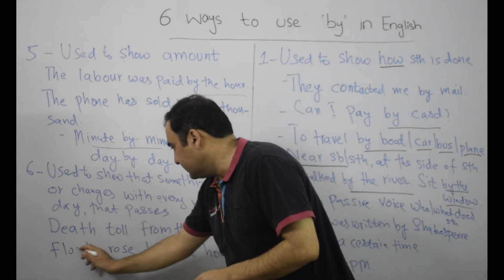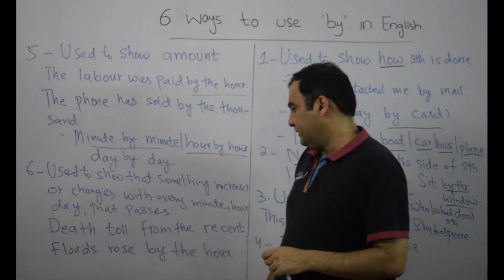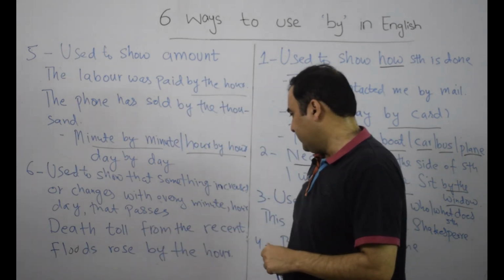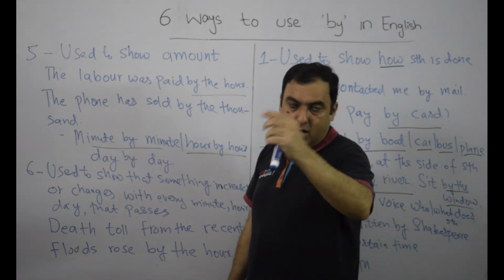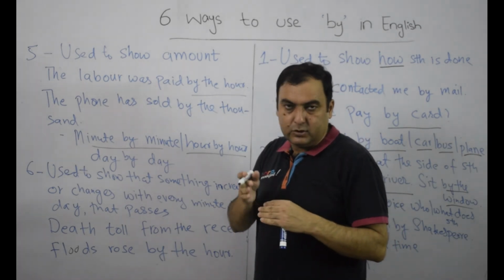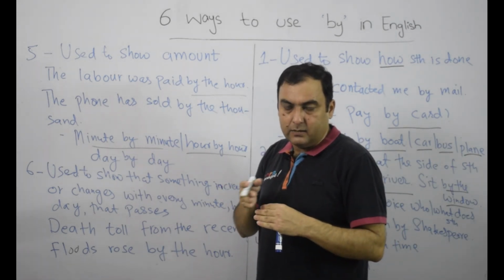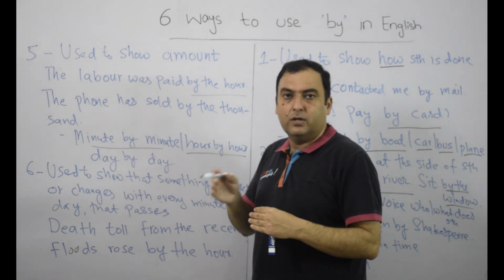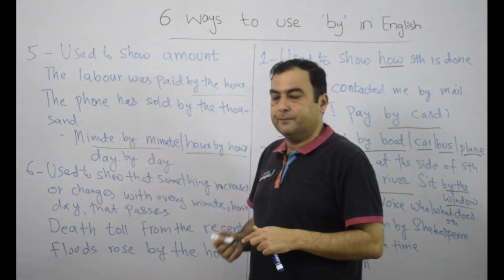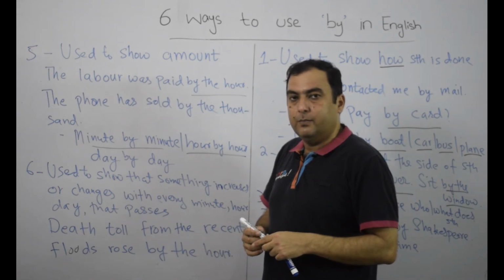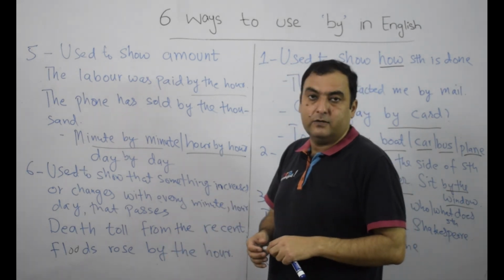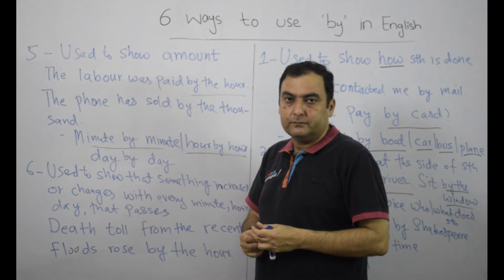The death toll from the recent floods rose by the hour. So the death toll, the number of people who have died, that number is rising by the hour or by the day. So we use by also in such kinds of sentences as well.